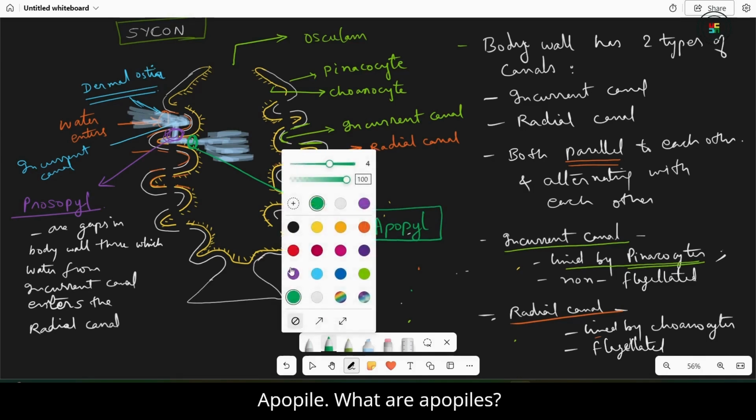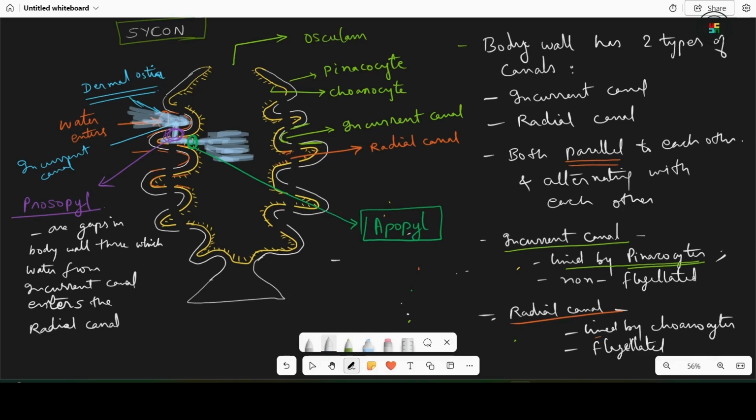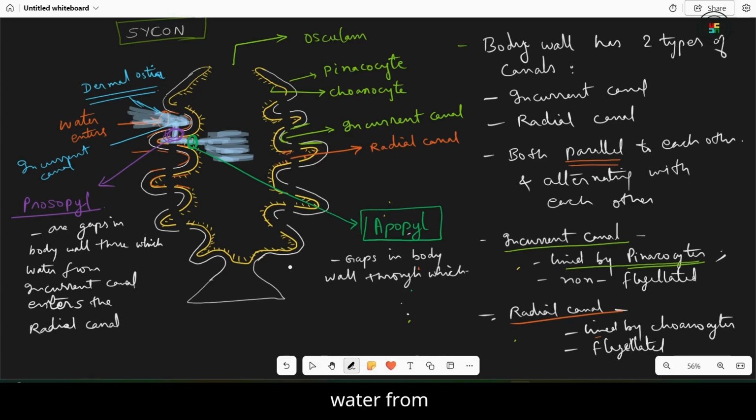What are apopyles? Apopyles are gaps in the body wall through which water from the radial canal enters the spongocoel.